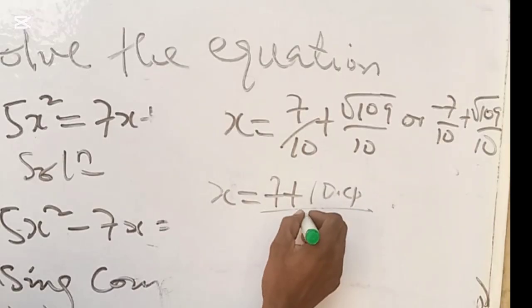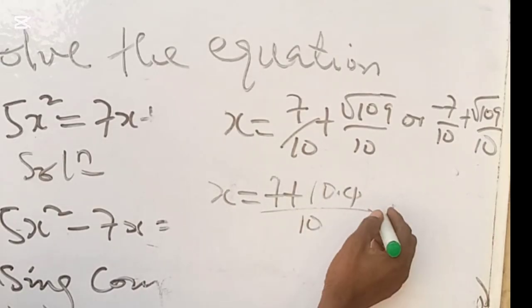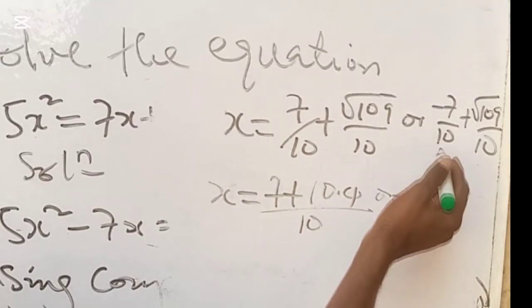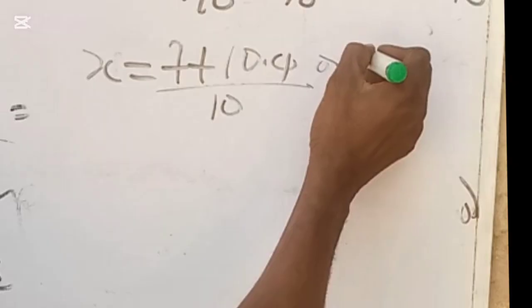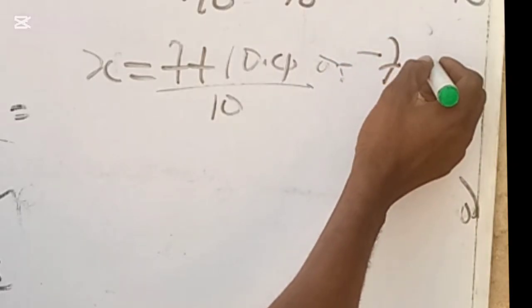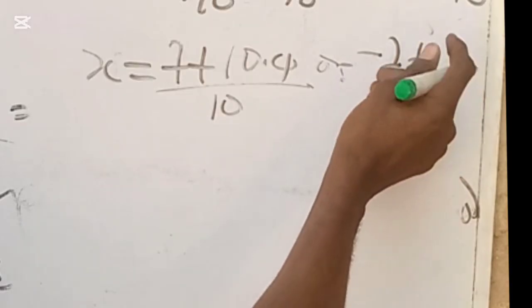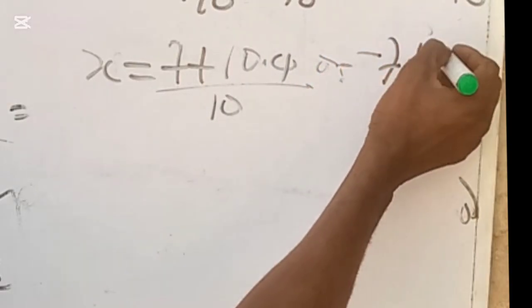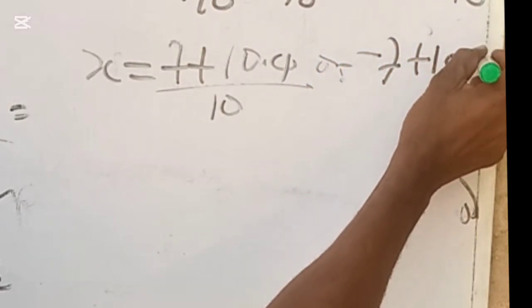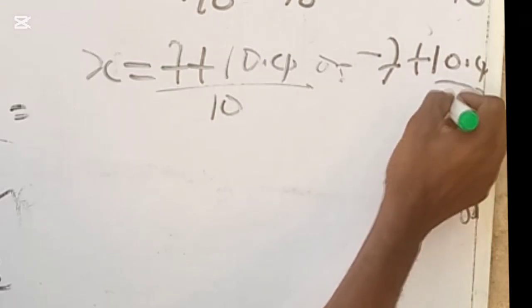So x equals 7 plus 10.4 over 10, or 7 minus 10.4 over 10.